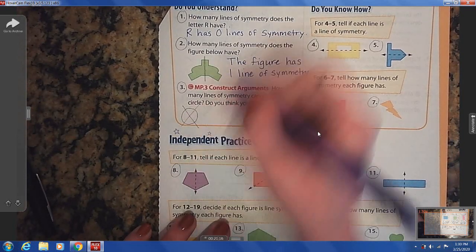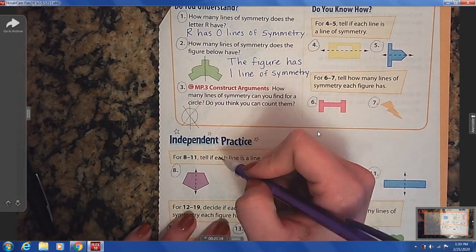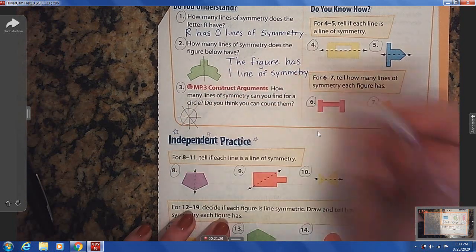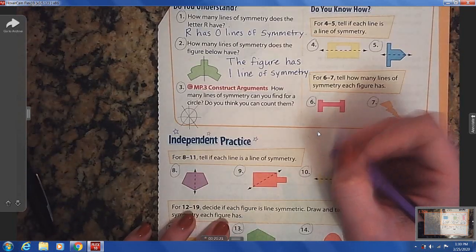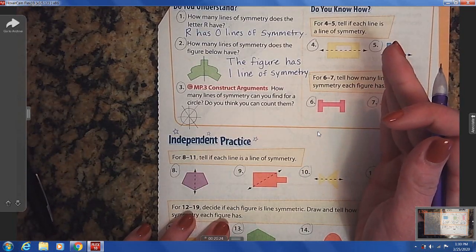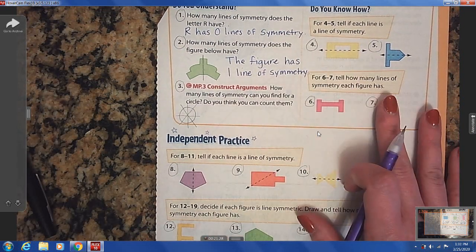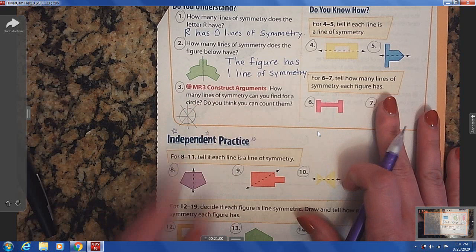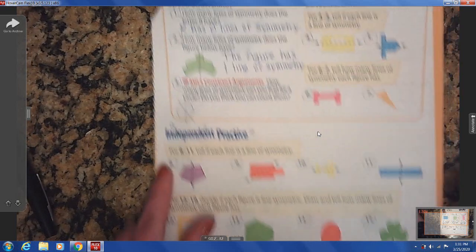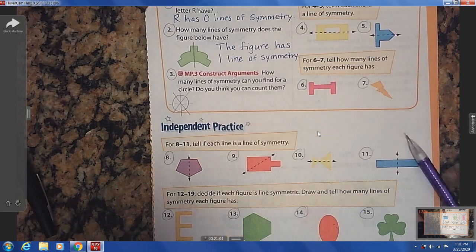You could do it here. You could draw a line of symmetry here and here. And right now that's only, what, 4 ways? But you could do an infinite amount of ways to draw lines of symmetry on a circle because it's even all the way around.